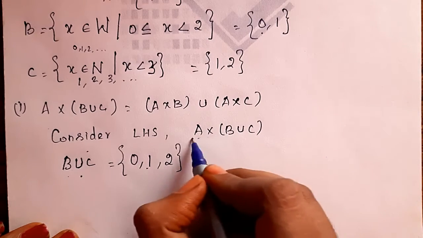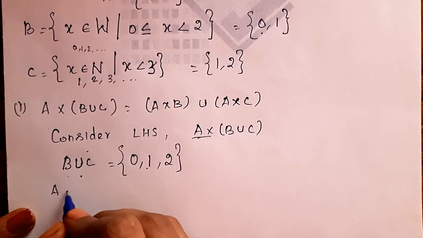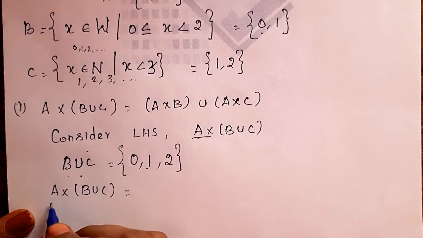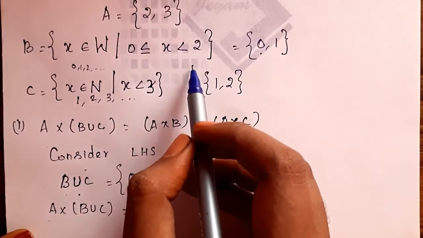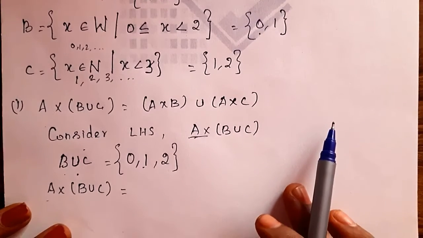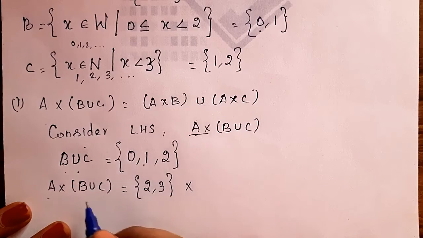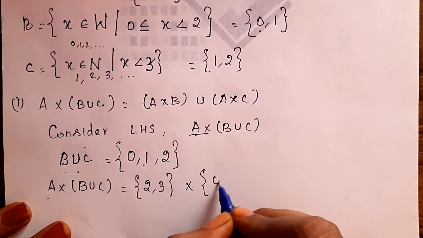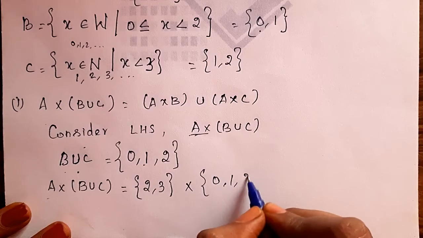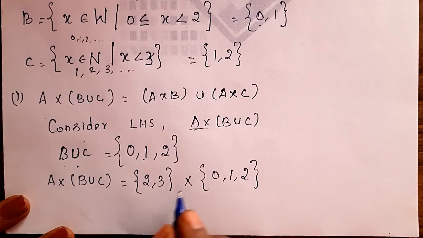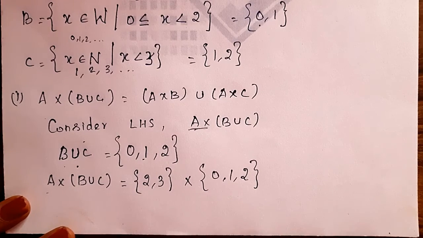Next, we can include this cross. So now A cross (B union C). What is A? Just write the A. A is {2, 3}. So the set {2, 3} cross this set {0, 1, 2}. We are going to find the cross product. Cross product means all the elements will be paired.